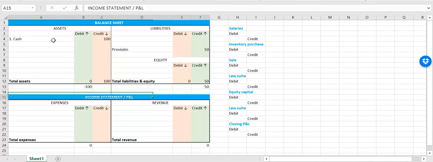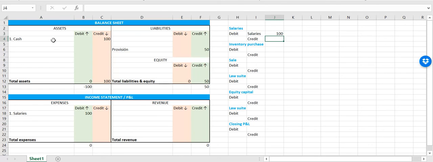And then the debit side would be an expense, salaries, of the same 100. So if we write that down, it's debit salaries 100 and credit bank 100. So you always write first the debit and then the credit. That's just a convention.